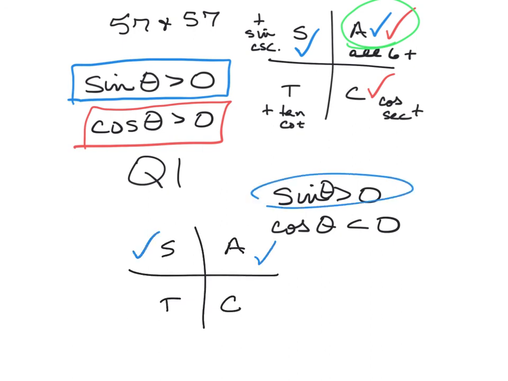And I know cosine is negative here and here. So the one where there's 2 check marks is going to be quadrant 2. Does that make sense? Yes. So if they're both positive, it's going to be 1. But if one of them's negative, then you got to go through and put the check marks.